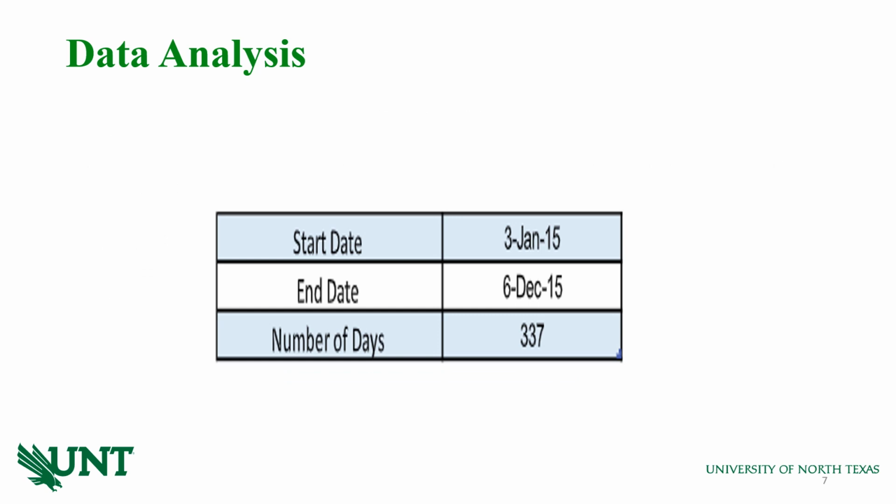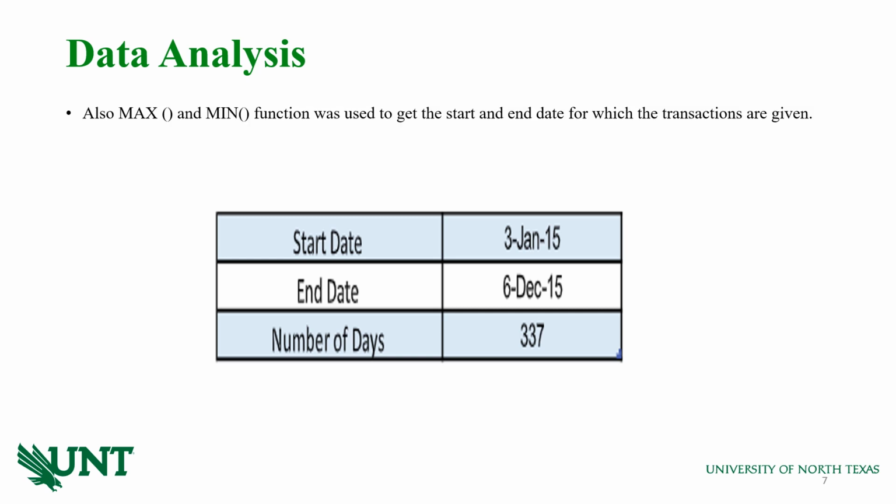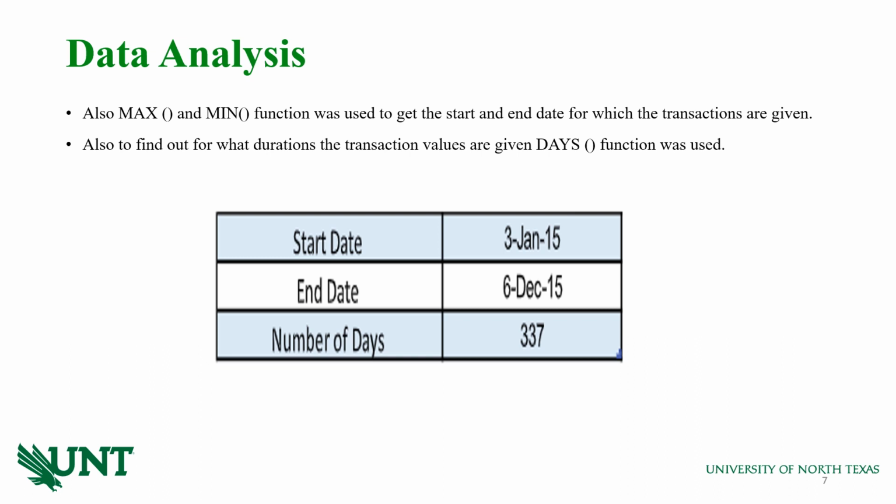The start date is 3rd January 2015 and the end date is 6th December 2015. The total number of days is 337. Also, max and min functions were used to get the start and end date for which transactions are given.